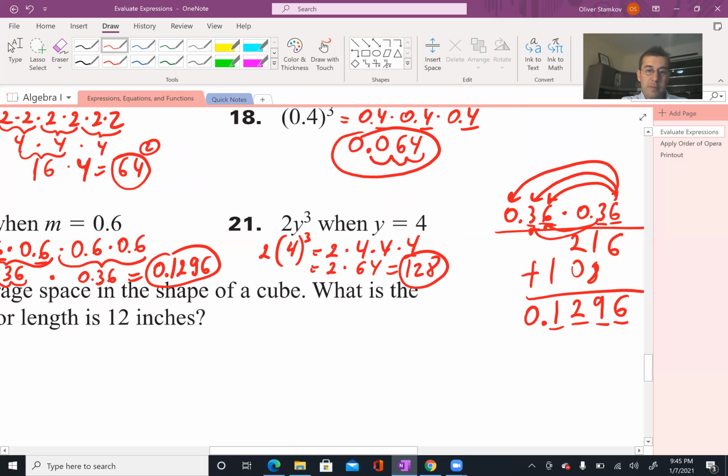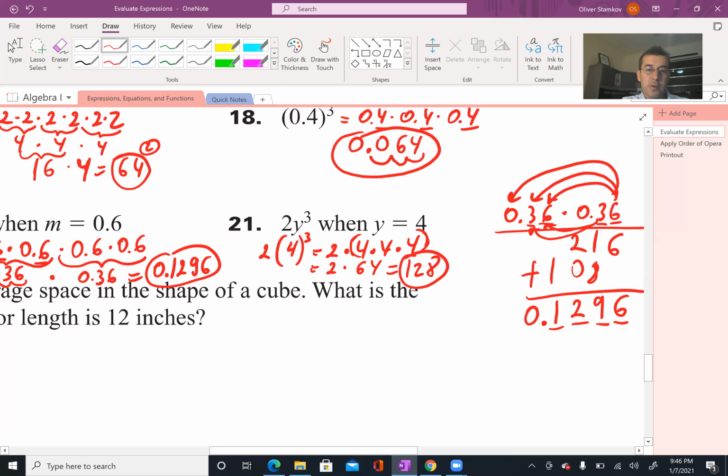Now, again, when you have multiplication, you can do it in any order. You can do 2 times 4, and then you calculate that, and then whatever you get times 4, then whatever you get times 4. Or in this case, because I have 4 times 4 times 4, I grouped those together because it doesn't matter, right? It's multiplication. You can do it in any way. It's the same result.